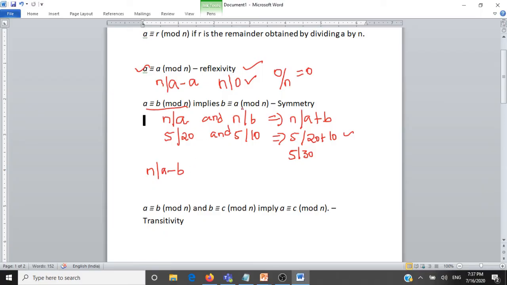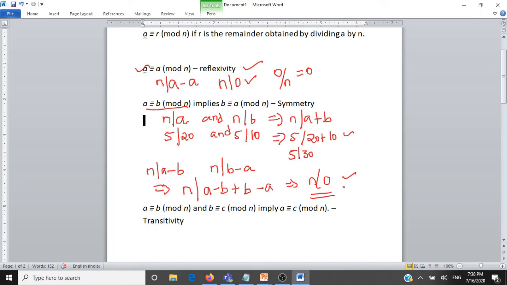And when I say B is congruent to A mod n, it means n divides B minus A. So we have n dividing A minus B and n dividing B minus A. This means, according to the property we have seen, n divides A minus B plus B minus A. So this is actually n divides 0. n divides 0 is true because 0 by n is 0.